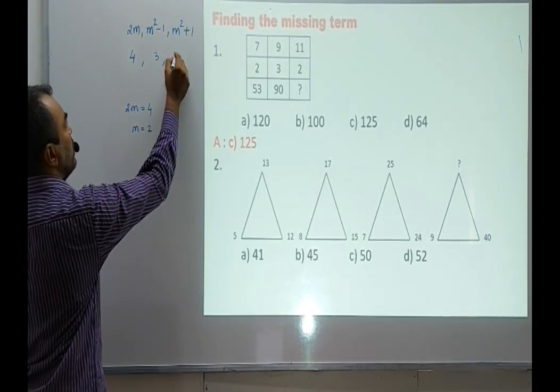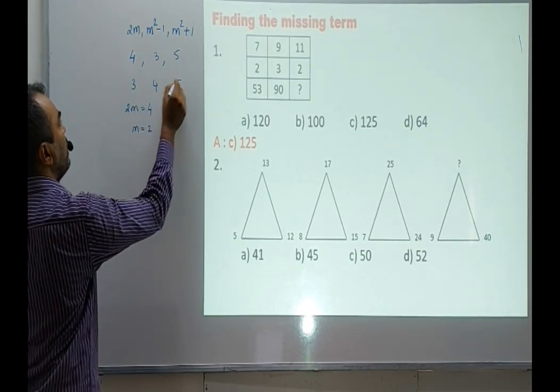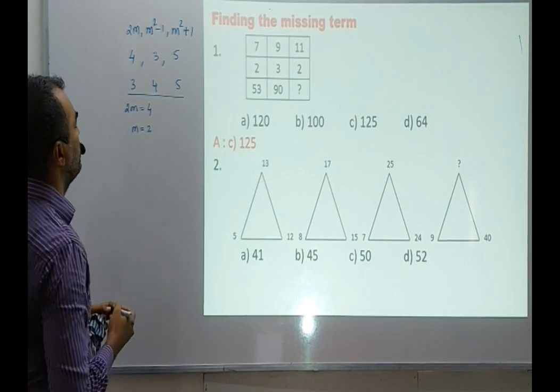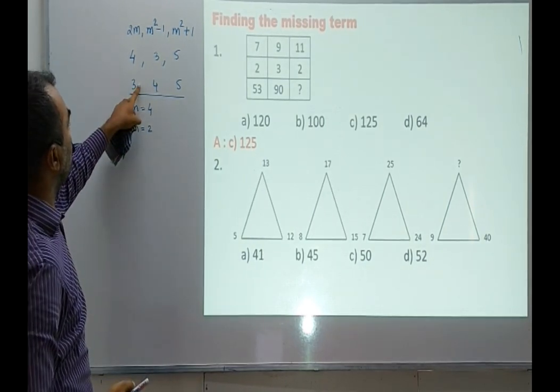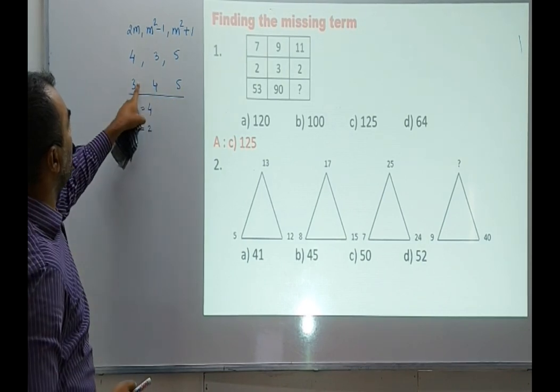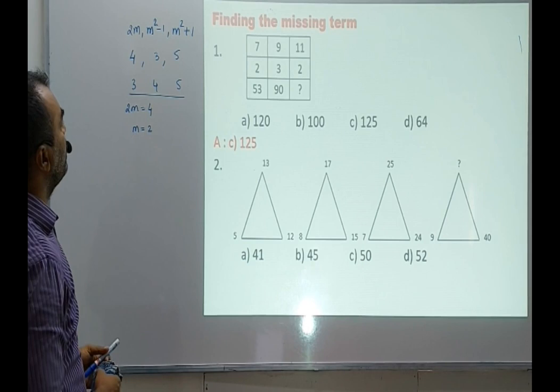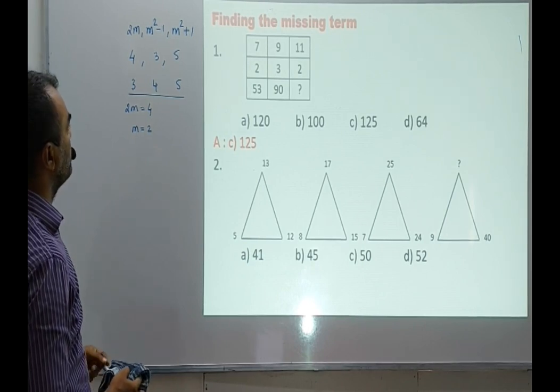And m square plus 1, 4 plus 1, is 5. So 3, 4 and 5 make a Pythagorean triplet. Can you see that? 3 square is 9, 4 square is 16, 5 square is 25. 9 plus 16 equals 25. So 3, 4 and 5 make a Pythagorean triplet.